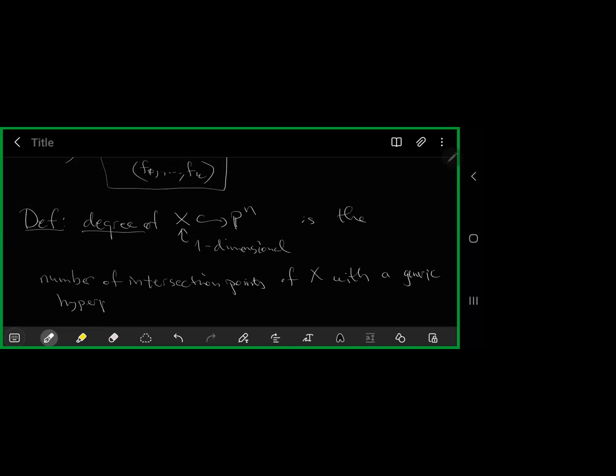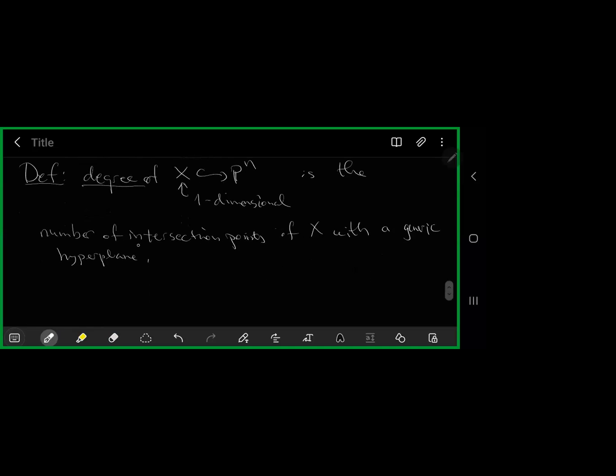What's a hyperplane? A hyperplane is the vanishing of a linear polynomial in Pn.